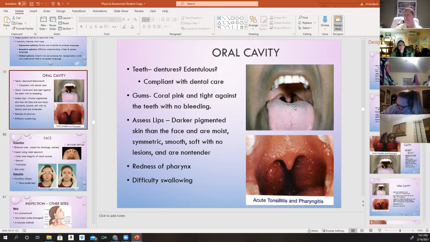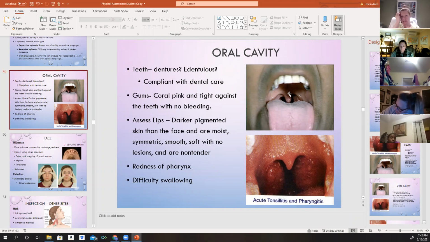You want to look at their tongue, make sure that it's not swollen, that there's no open areas, they don't have any lesions inside their mouth, look on the roof of their mouth, make sure they don't have any ulcers. This is particularly important for your cancer patients. Because remember we said that they get chemotherapy and they can get a lot of those ulcers and sores inside their mouth.